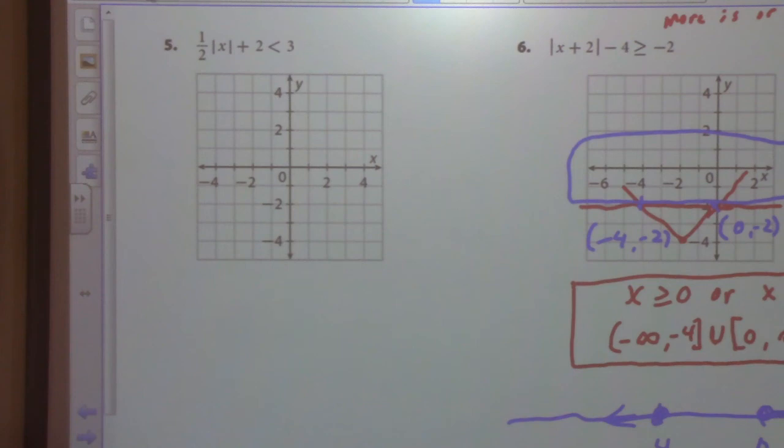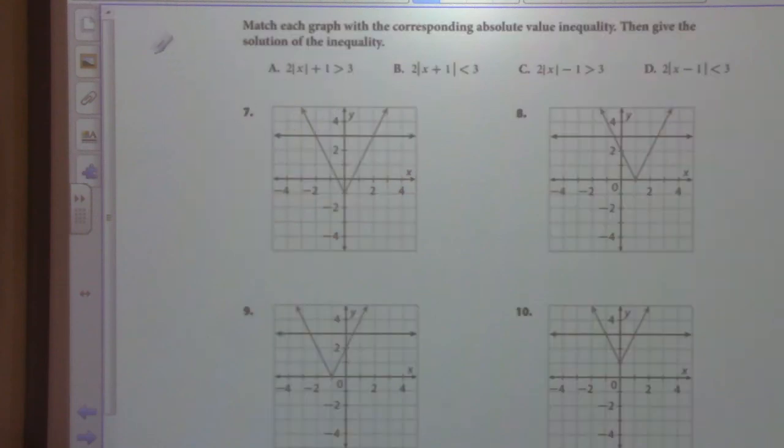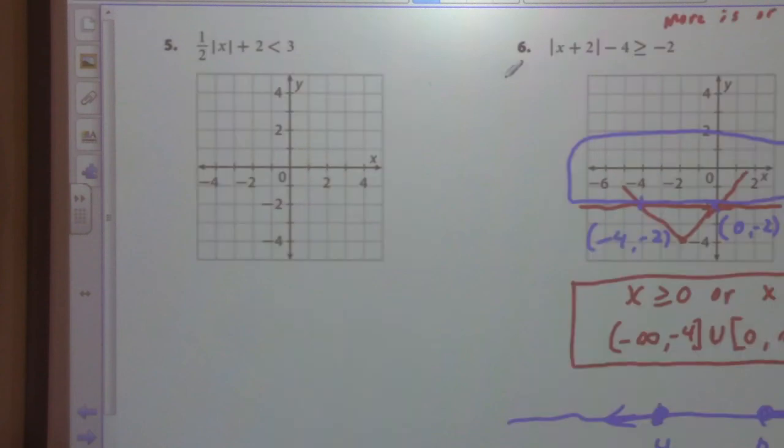Now, 7 through 10 are ones where essentially they're graph matching problems, where you look at them and say which one is which.